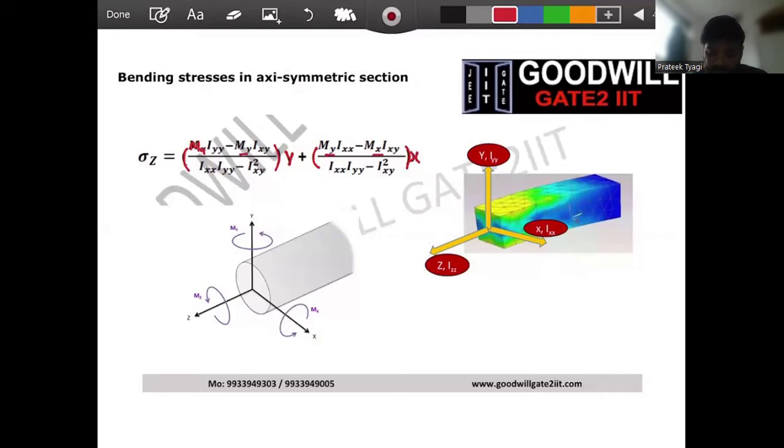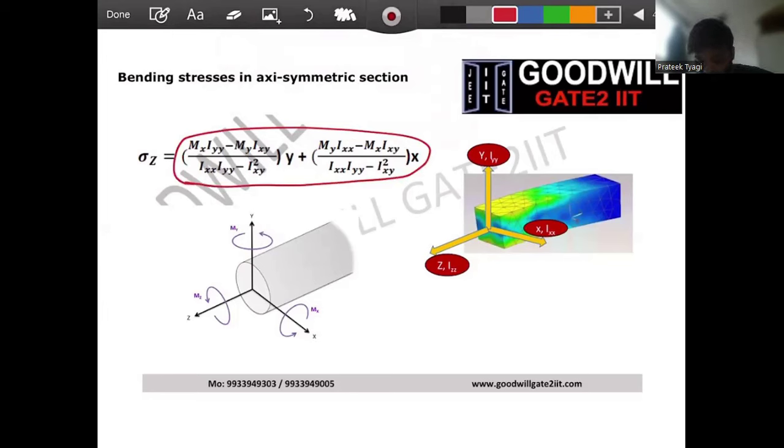All right. Now, next. So this is somewhat clear. When we have x-axis, y-axis, moment mx and moment my, the inertias will be ixx, iyy, and we will learn ixy slowly. But the entire equation on the right-hand side is only in terms of x and y, because your cross-section is in the xy plane.